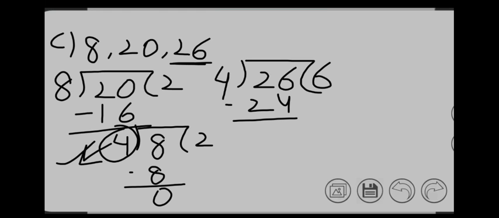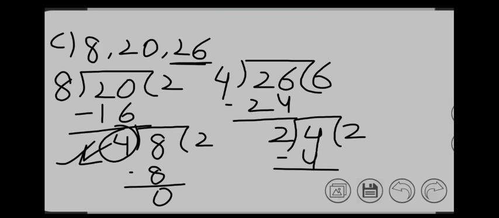So after subtracting, the remainder is 2. Now again what we will do? We will take the previous divisor, that is 4, and use it as a dividend. So 2 2s are 4, and after subtracting, the remainder comes out to be 0.